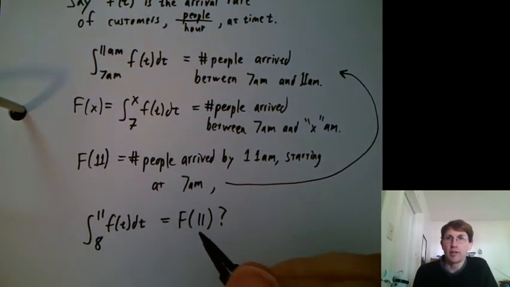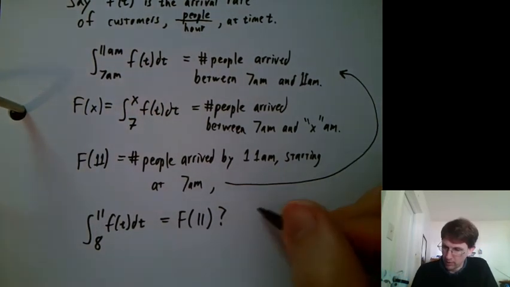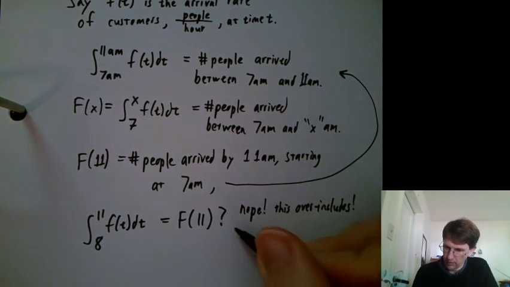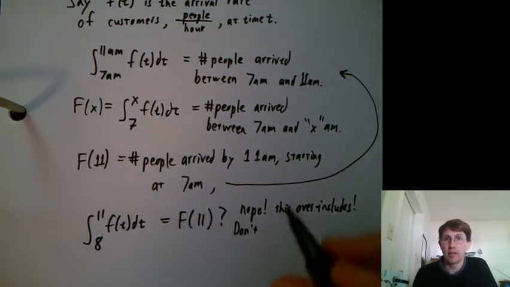Let's say that was an extra 100 people. What could we do? So here we'll say, nope, this over-includes, we don't want to include the people who arrived between 7 and 8.